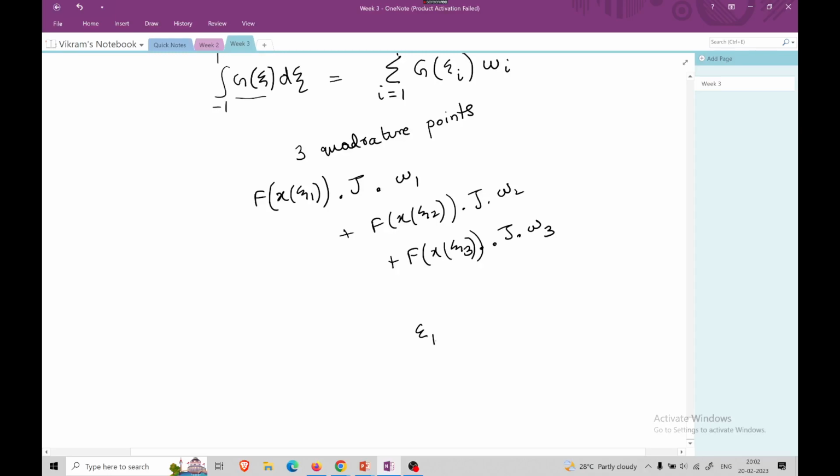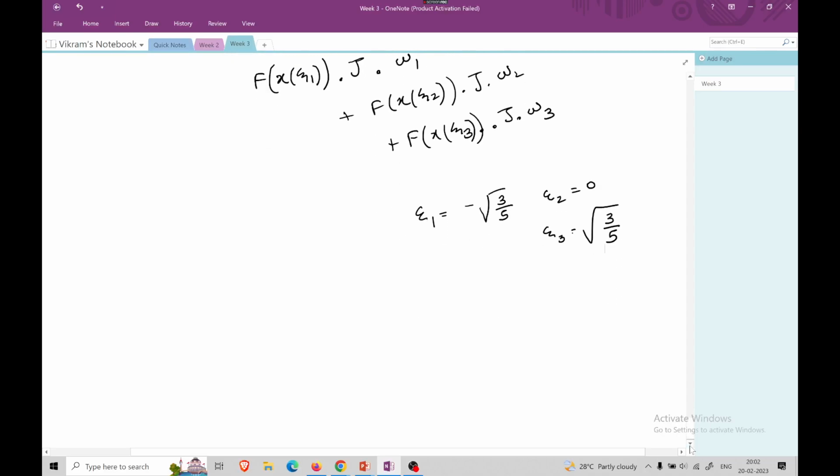Eta 1 is minus square root of 3 by 5, eta 2 is 0, eta 3 is square root of 3 by 5. W1 is 5 by 9, W2 is 8 by 9, W3 is 5 by 9.